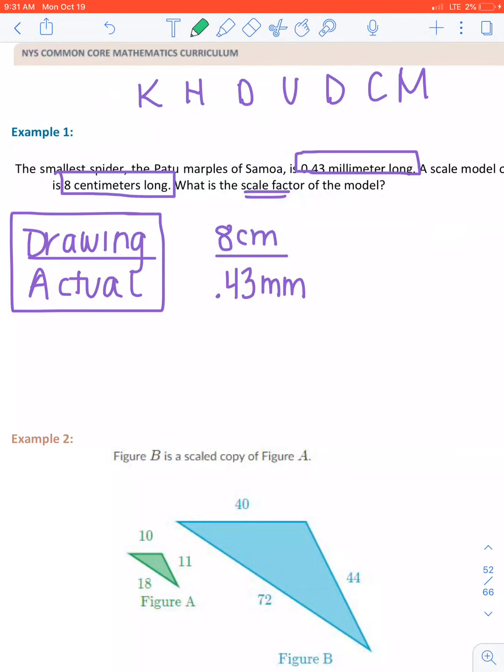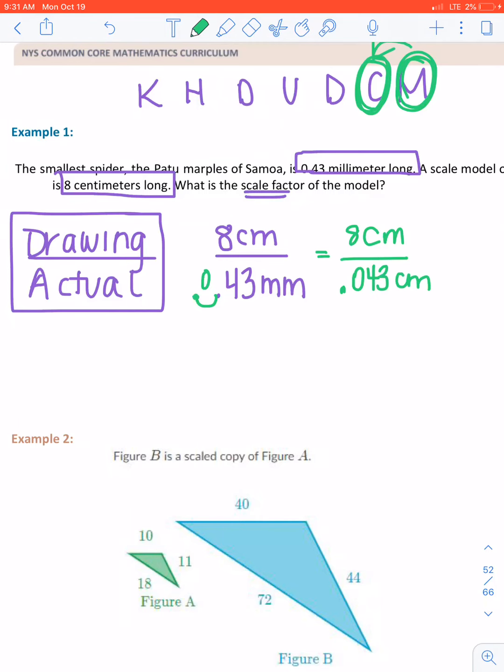So I'm going to change everything into centimeters. The 8 centimeters is going to stay as 8 centimeters. And we're going to take the millimeters and go to centimeters. So that means we're moving 1 unit to the left. So I'm going to take that decimal place, go 1 unit to the left, so 0.043 centimeters.